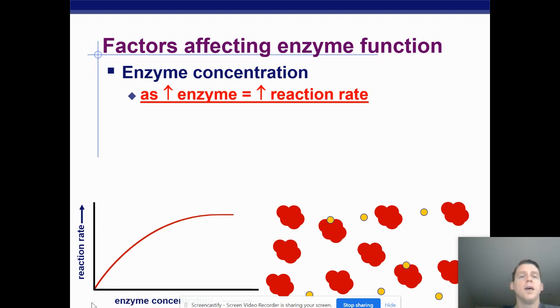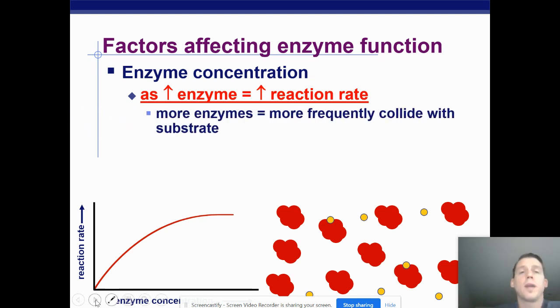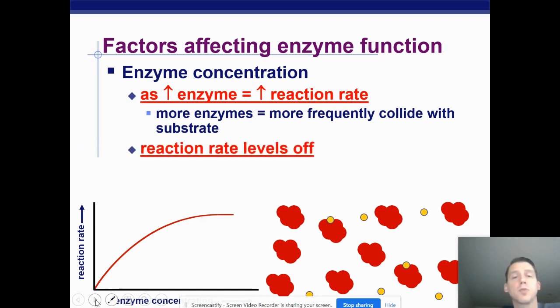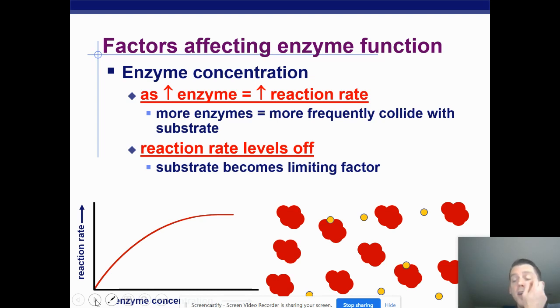But notice what happens. More enzymes will more frequently collide with something. But eventually we just start running out of substrate. There's a certain amount of substrate. If we have 1,000 substrate molecules and you're putting in 2,000, 3,000, 4,000 enzymes, well, you can put in as many enzymes as you want, but they won't have anything to work on, right?